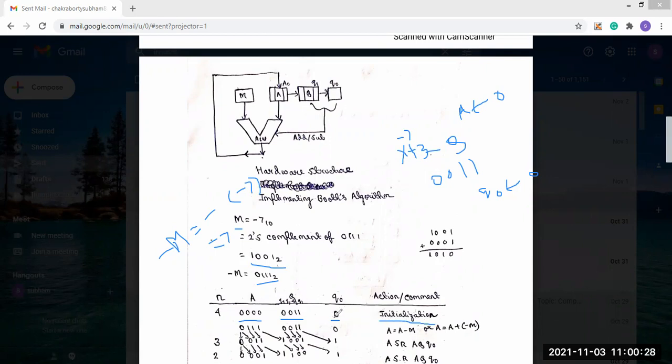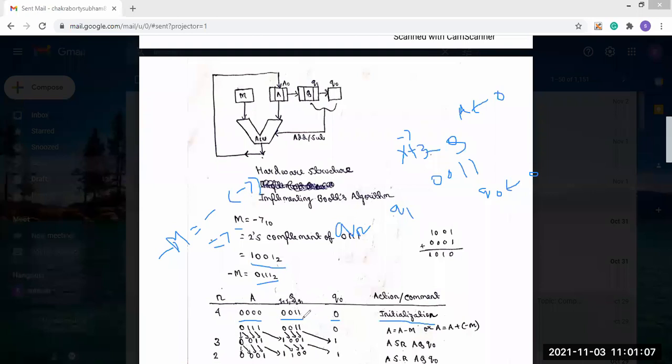Now this is Q0, and this capital Q will consist of Q1 to Qn. Since n is 4, capital Q will be from Q1 to Q4: Q1, Q2, Q3, and Q4, because n is 4 bits.